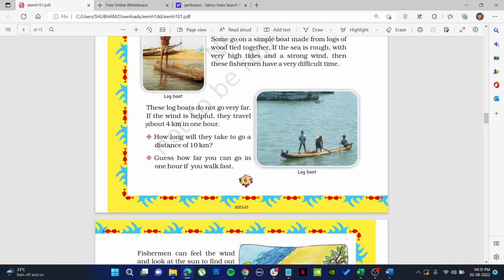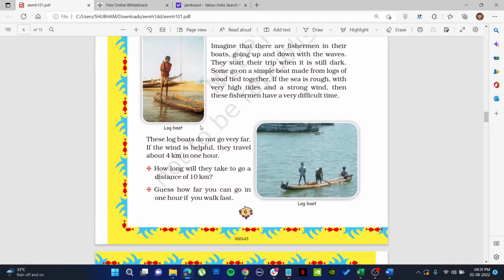Such log boats don't go very far because they are generally for casual exploration. If the wind is very helpful, they can travel about 4 kilometer in 1 hour. So in 1 hour they have traveled how much? 4 kilometer.